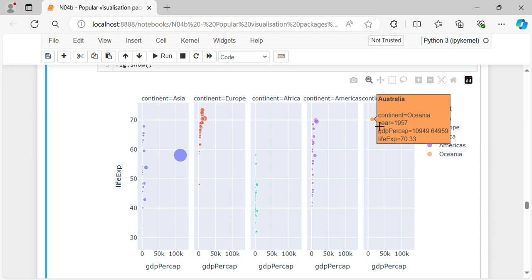There is two countries, so the life expectancy is around 70, and this is in 1957.